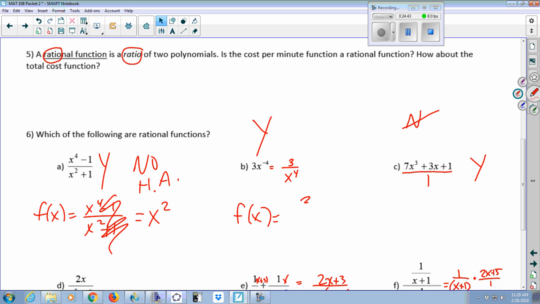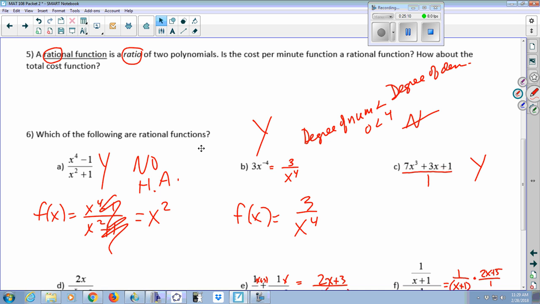Let's look at this next one. So what can we say about the degree of the numerator and the degree of the denominator? The degree of the numerator was what again? 0. And that 0 is less than 4. So the degree of the numerator is much smaller than the degree of the denominator. So as x gets really, really big, what's going to happen to the value of that fraction right there?